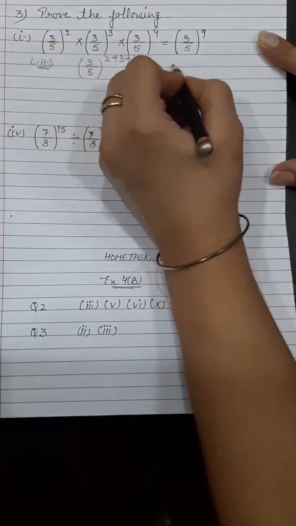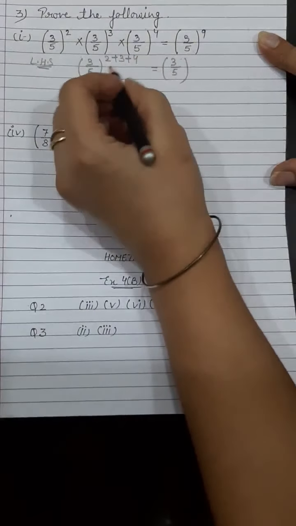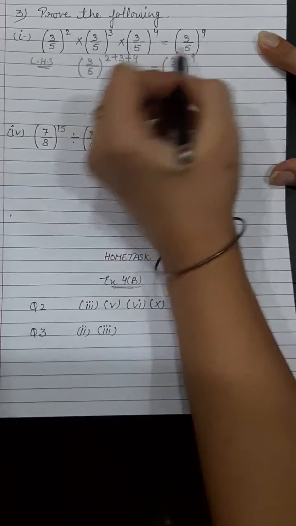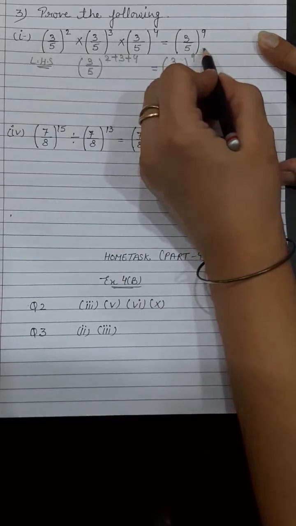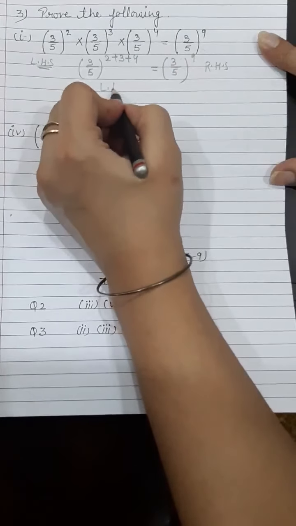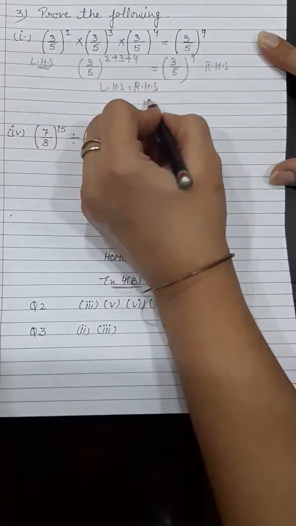When you will add the powers, what will come? 3 by 5 to the power 2 plus 3 is 5, 5 plus 4 is 9, and this is the right hand side coming. Then you can say left hand side is equal to right hand side, hence proved.